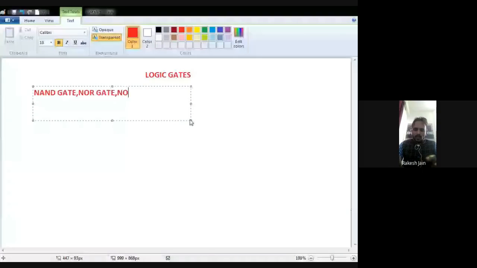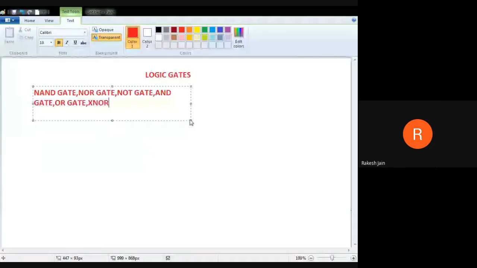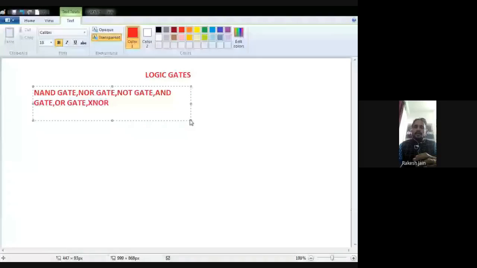And then what are the different IC numbers of those logic gates, the symbols, the definitions, the truth tables, and their equations. So see this MS Paint file first of all, and I will start with the logic gates.